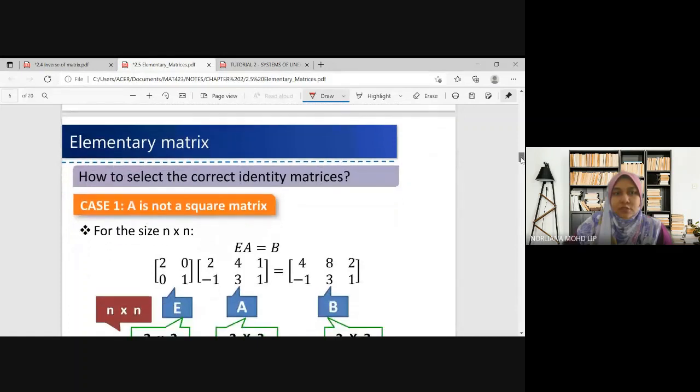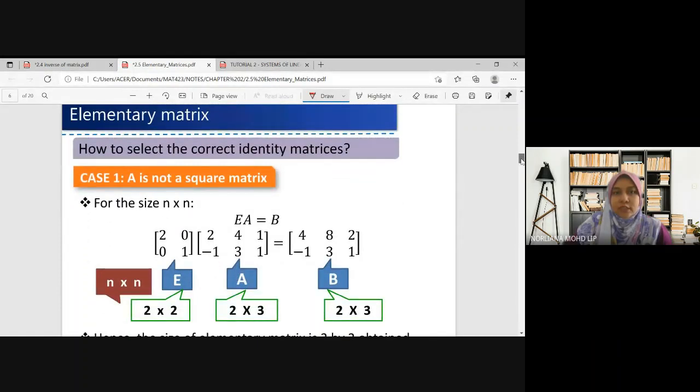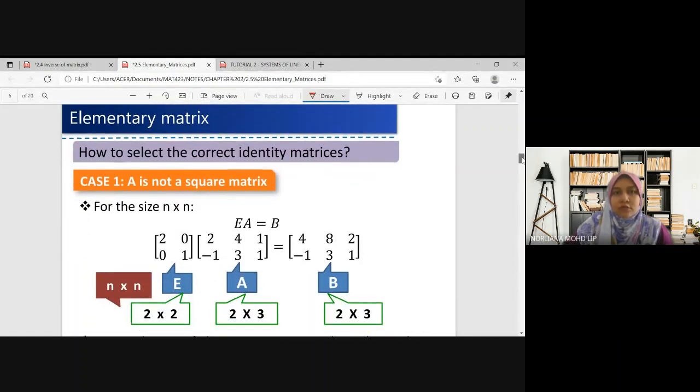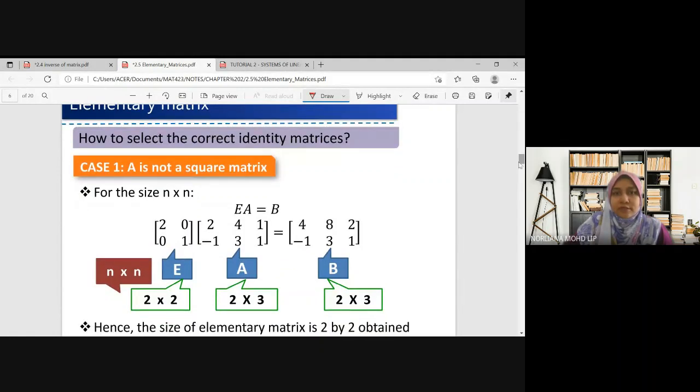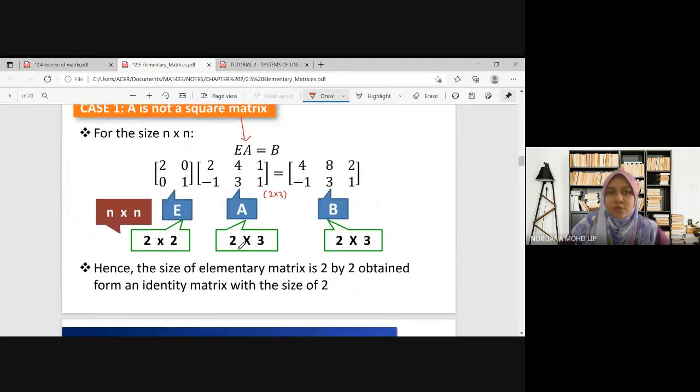Okay. Case 2, if A is not a square matrix, you have to select the correct identity matrix. Macam yang tadi saya mention, A is not a square matrix. For example, we have matrix A 2 by 3. So we select the elementary matrix size 2 by 2.